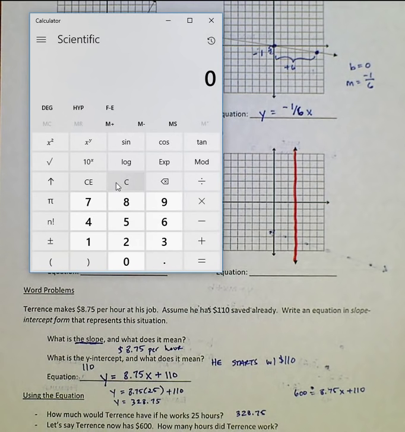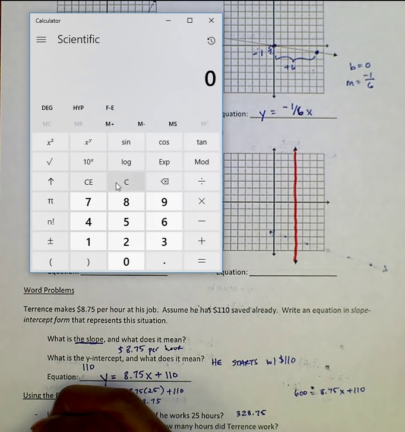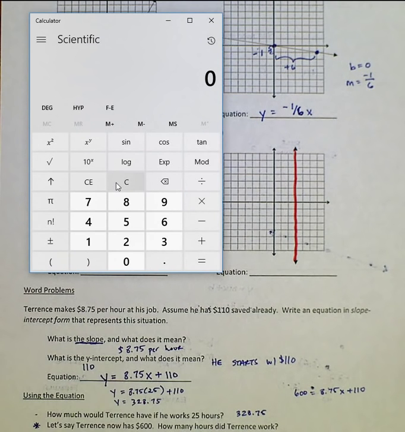So you see how we had 600, we knew that meant y in our situation, so we set it up this way. Okay, so with this information, solve it and bring to class done how many hours Terrence must have worked in order to get $600.